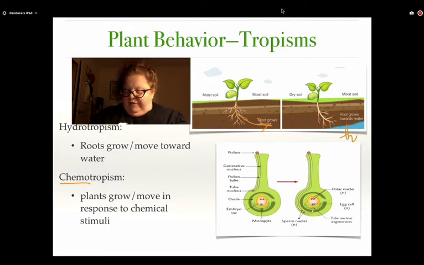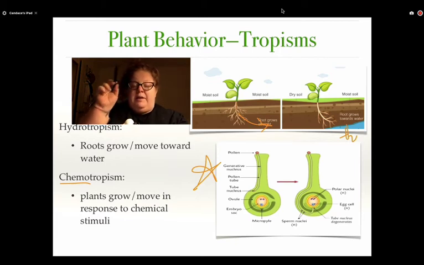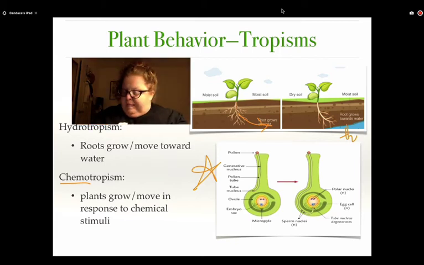And so a very characteristic example is from what we talked about in reproduction, which is the pollen tube that grows from the stigma down into the ovary. And as you can see here, it has to come not just straight down sometimes, but kind of go around to get access to where it needs to.